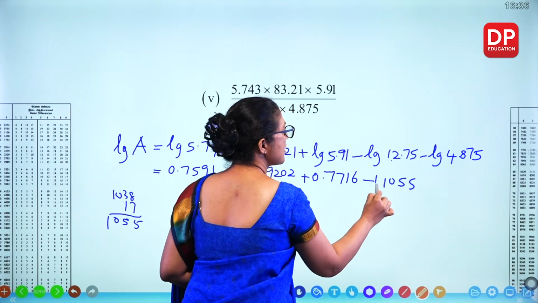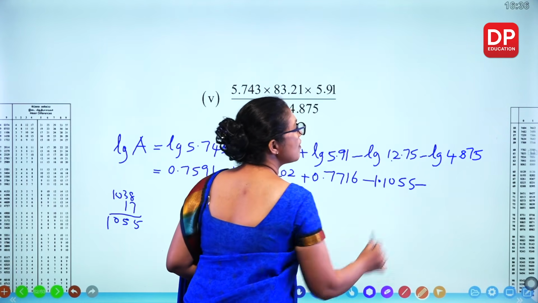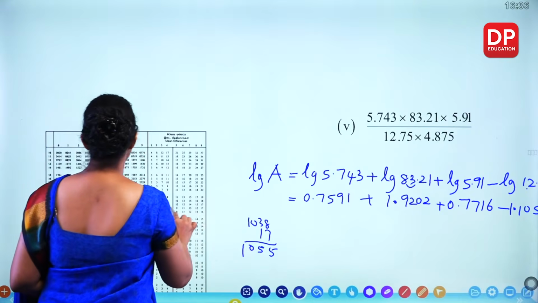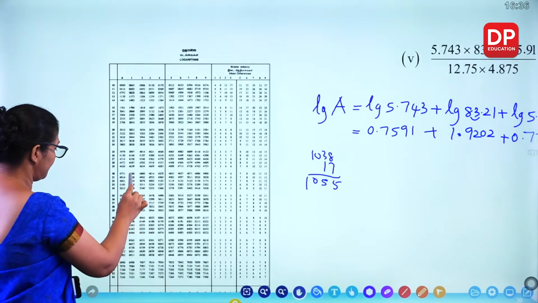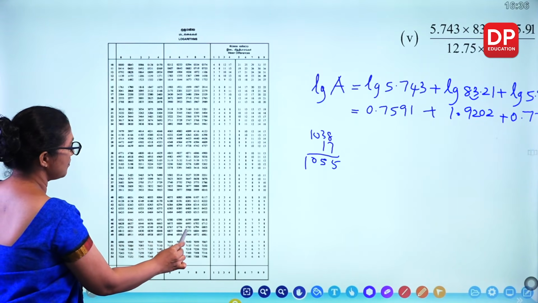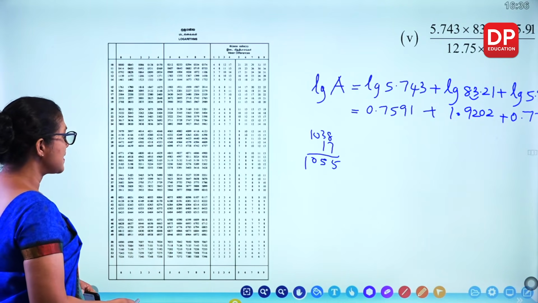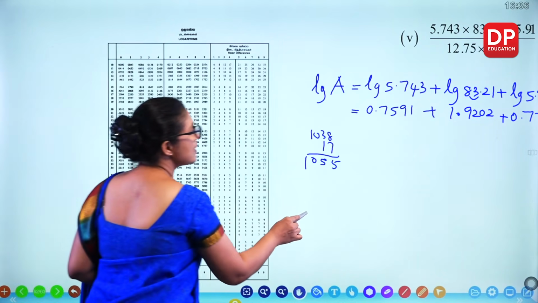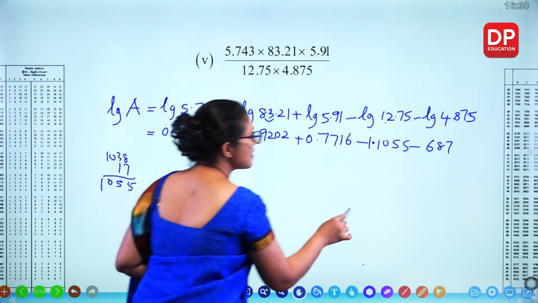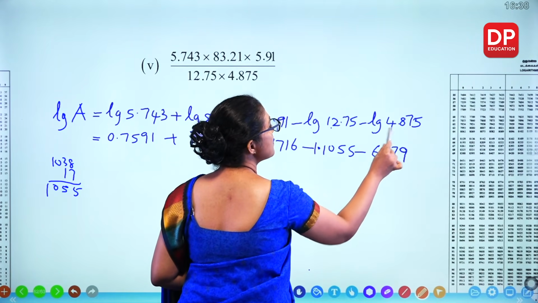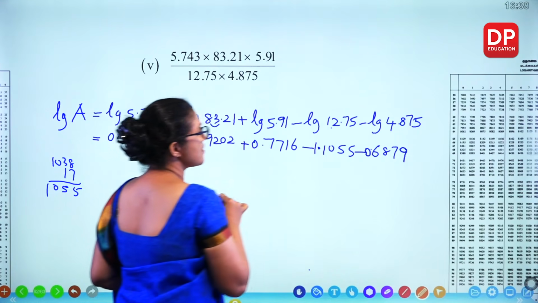And the characteristic is 1. 48.75. 48, 7 is this number, 5 is 4. So 4, you have to add 68, 79, and this is 0 as the characteristic.